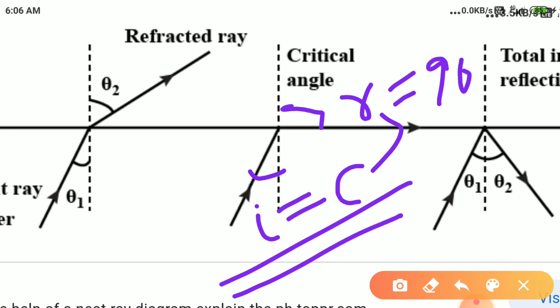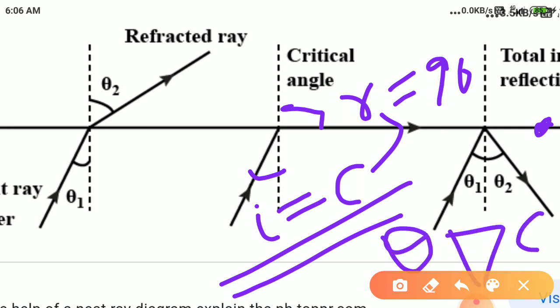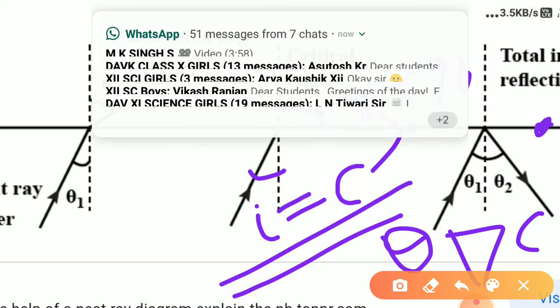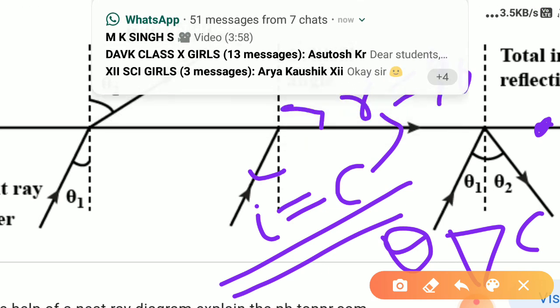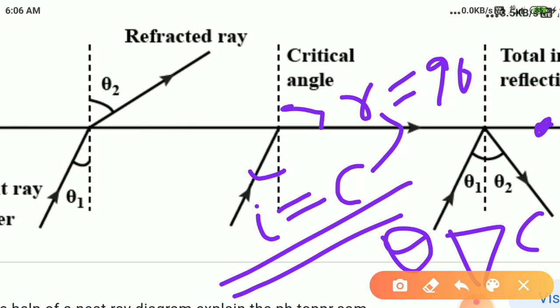If a ray of light is incident on the surface separating the two media at an angle greater than the critical angle, that is theta 1 is greater than c, then the light gets reflected back into the same medium.